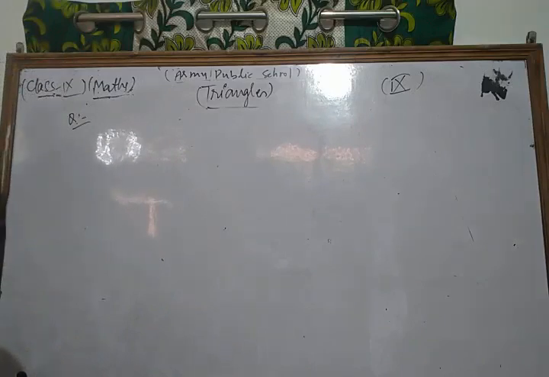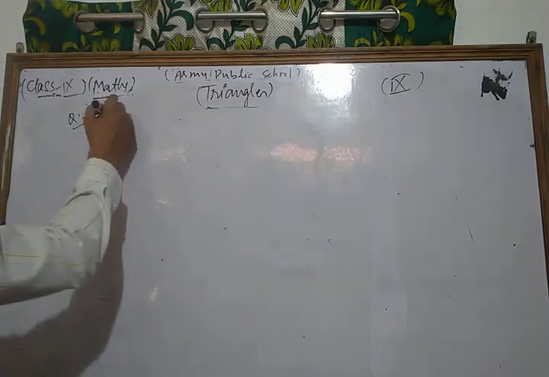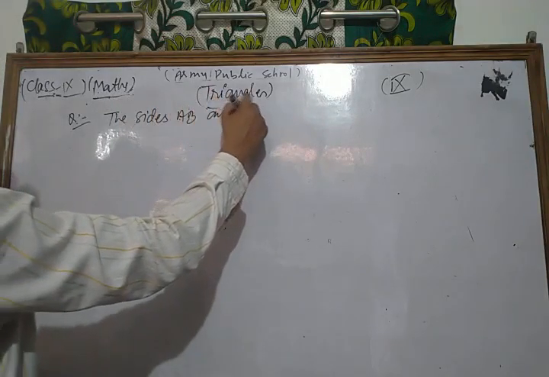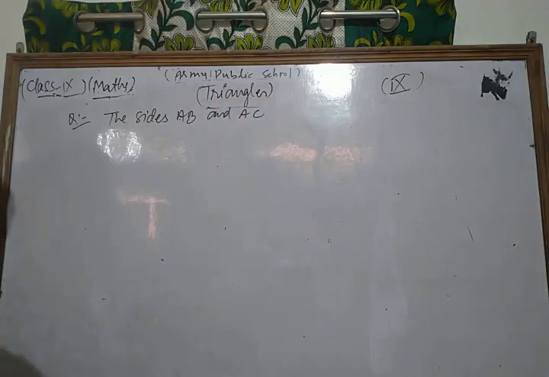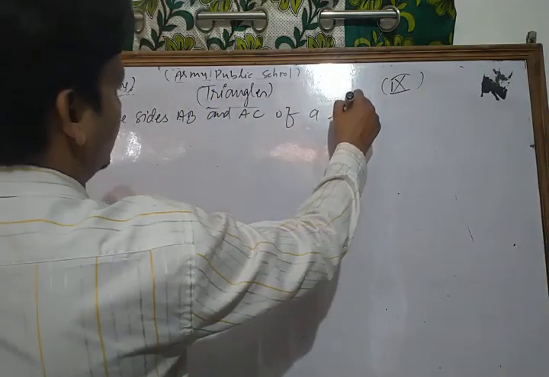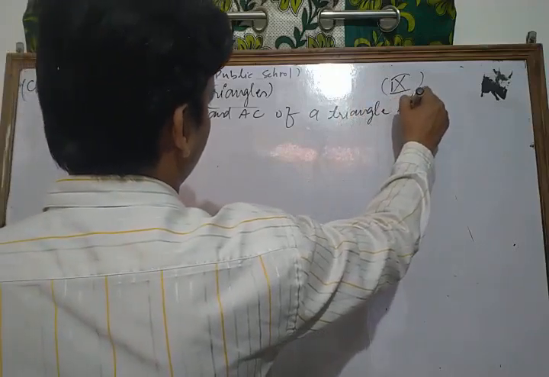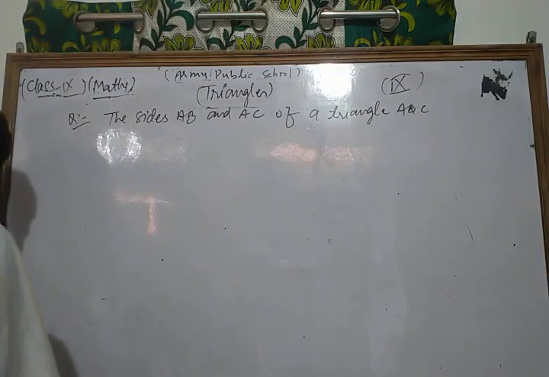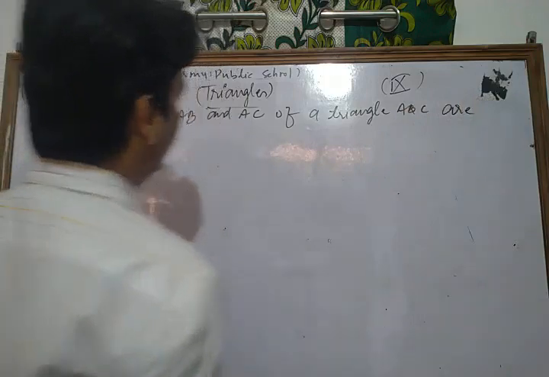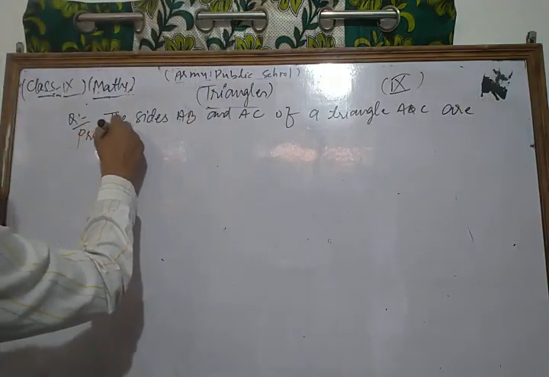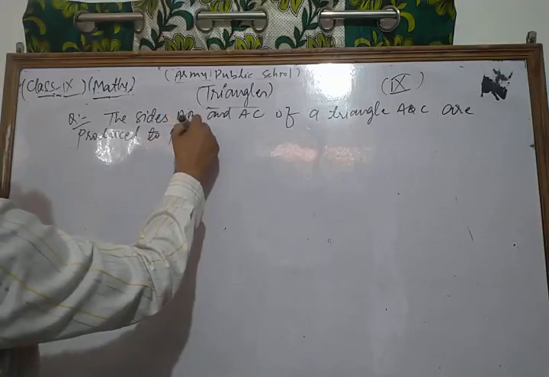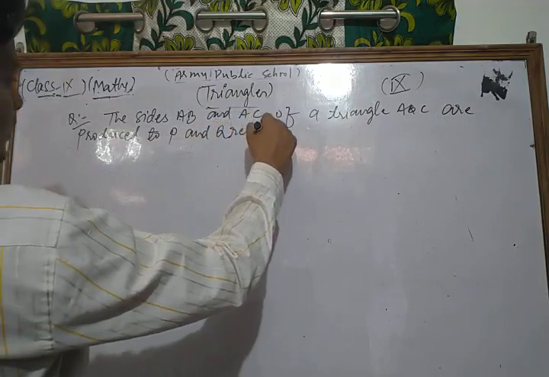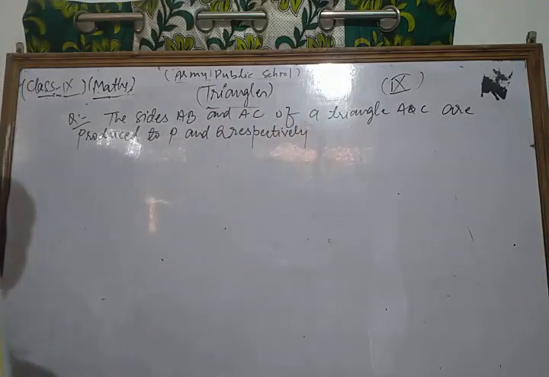The sides AB and AC of a triangle ABC are produced to P and Q respectively.